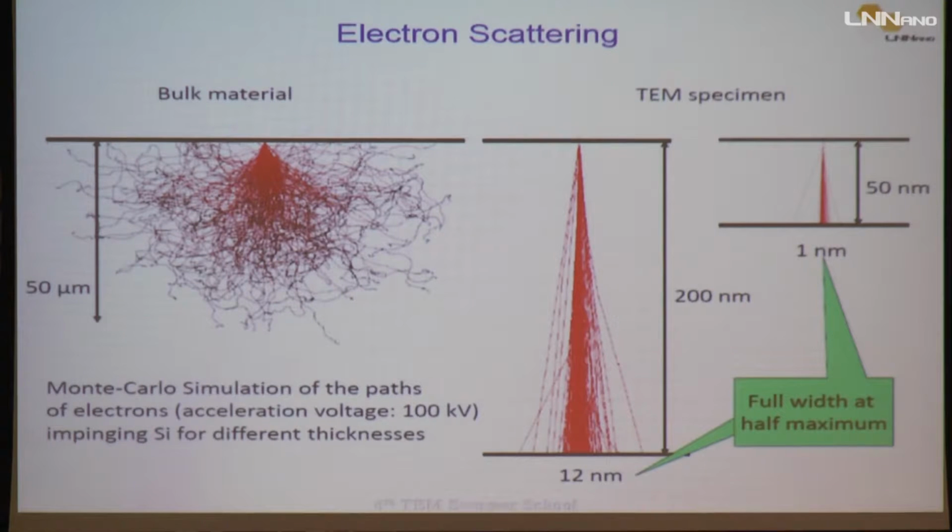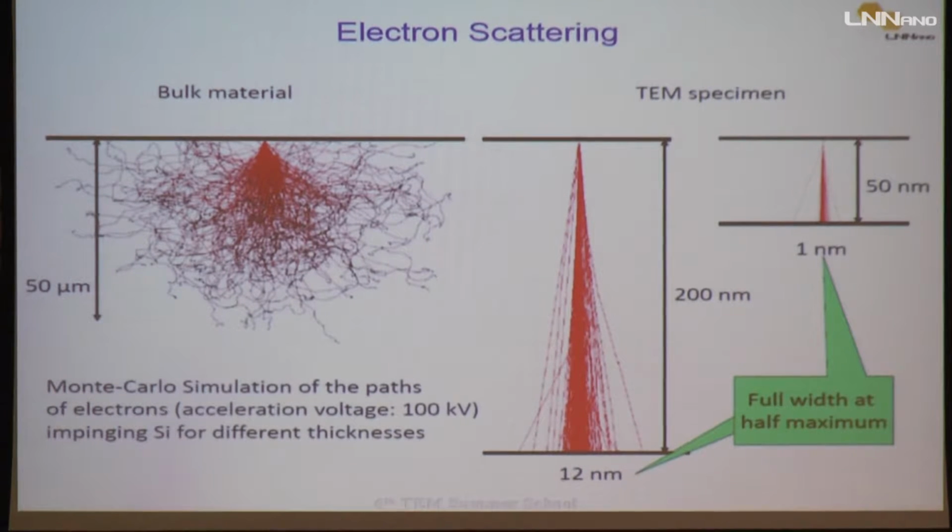It's very simple to understand. With a thin sample, you have a smaller scattering of your electron beam, and as a consequence you have, for sure, a better image. And then, as I told you, to get this kind of thickness in a sample is not really easy.